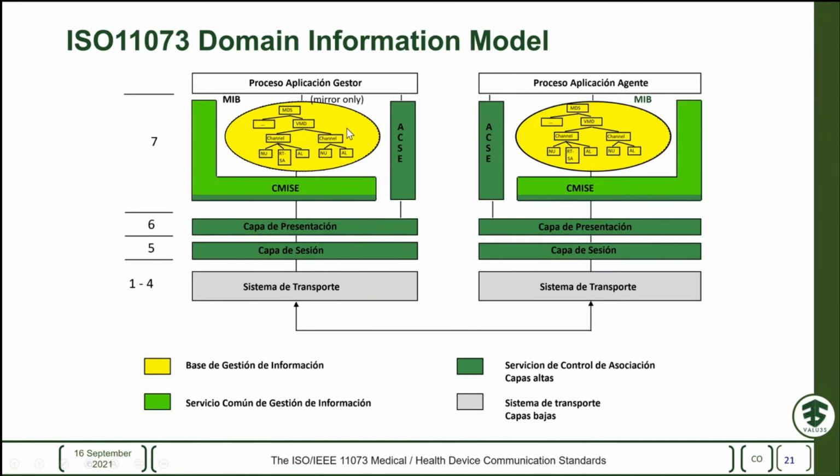The scanner is an object that you create in the agent and it will be scanning to see if at any time there is an update of information in any of the objects, so that it is transferred directly to the manager. So essentially, the information in the manager is the same as the information in the agent.